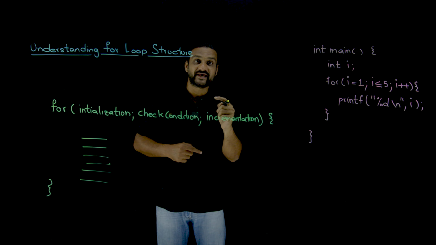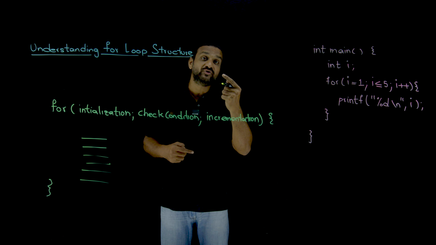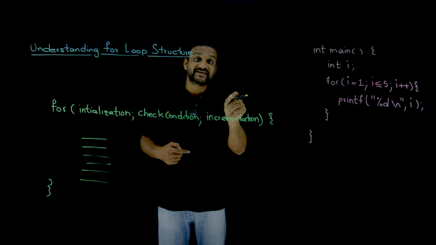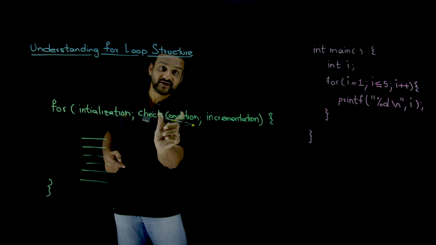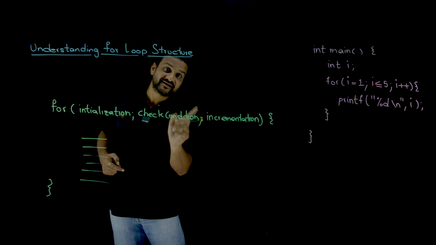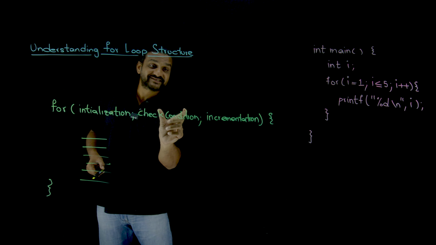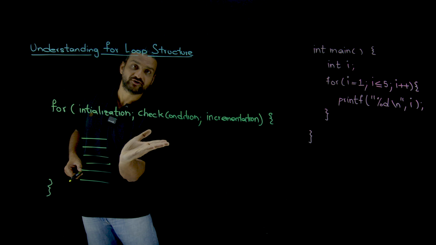So we need to make a decision whether we have to enter into the loop again or not. That decision is made by this check condition statement. Here the for loop is going to decide whether to take another iteration or not. Once this condition is true, then we are going to enter into this for loop.